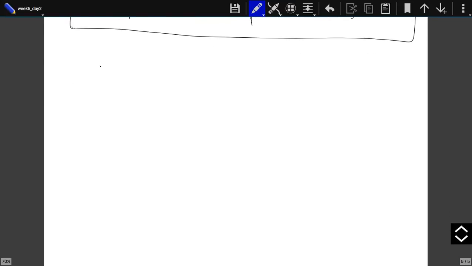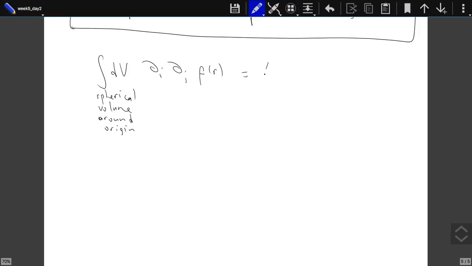By the way, another way to see that: del i del j of, let's say, any function of r integrated over a spherical volume around the origin should be proportional to a Kronecker delta ij.